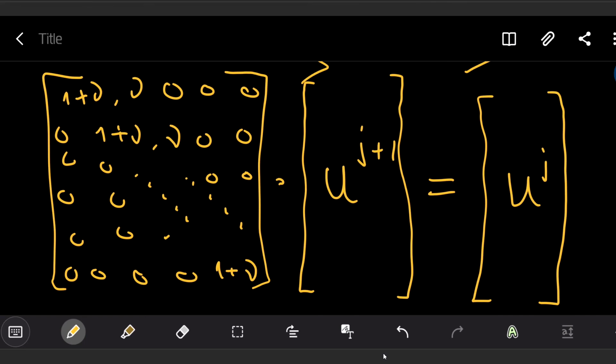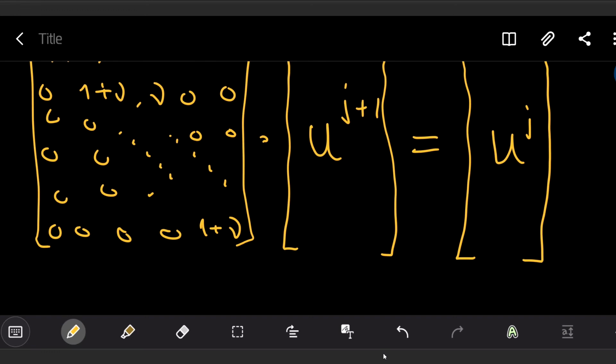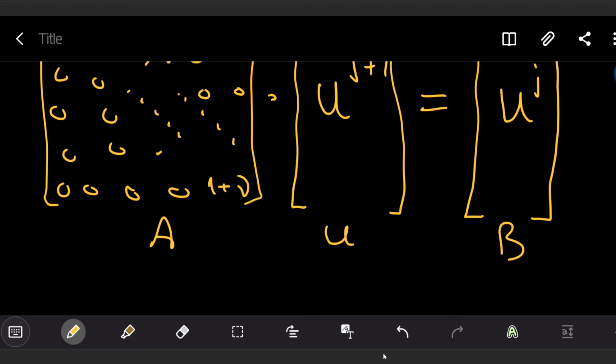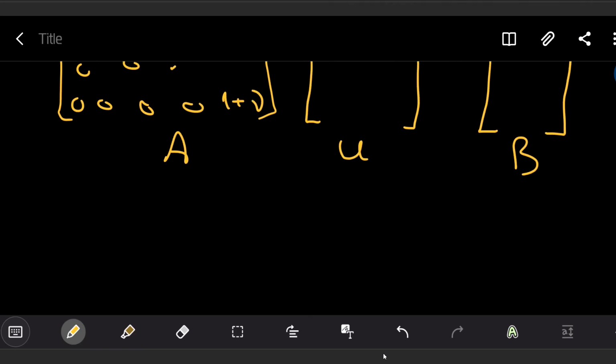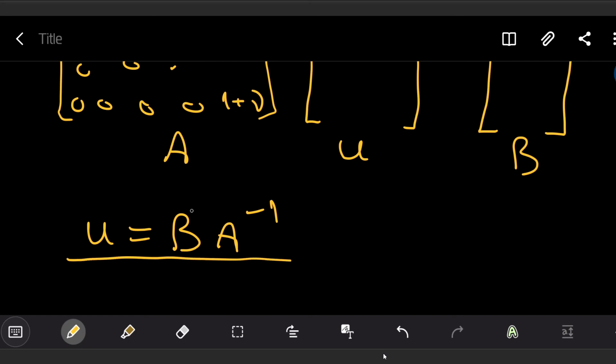And from here, if we name this matrix A, this vector U, and this vector B, how it can be solved is basically U equal to A minus 1 times B, right? Where B is a vector and A minus 1 is the inverse matrix. So we can obtain the solution by multiplying this vector and the matrix.